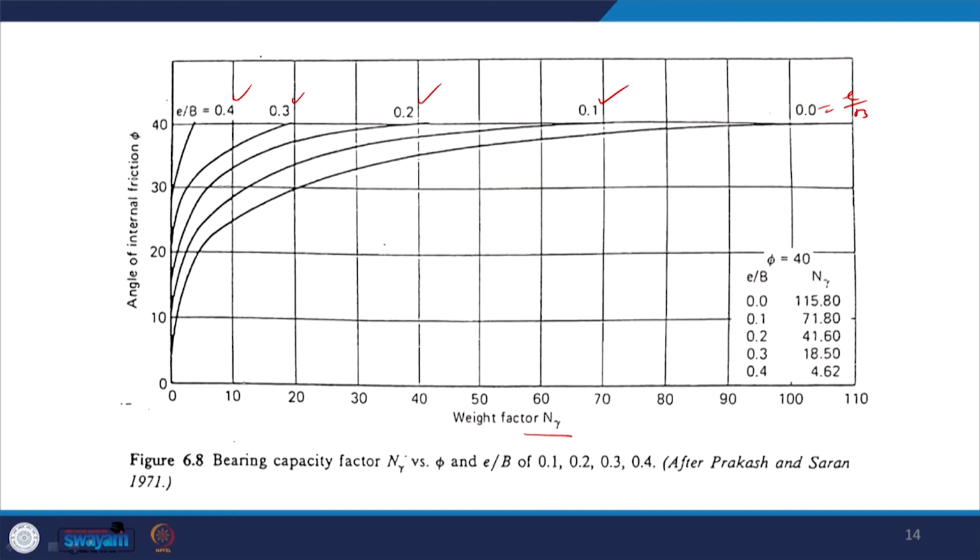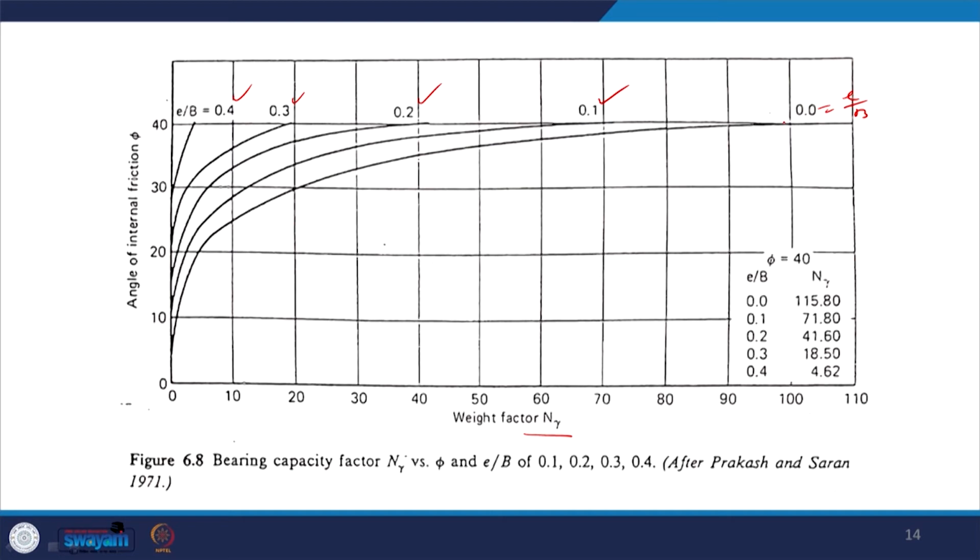When you say e/B equal to 0, that means there is no eccentricity basically. So, let us first see e/B equal to 0. Naturally, when you increase the value of phi from 0 to 40 degrees, the value of this factor N gamma is going to increase.